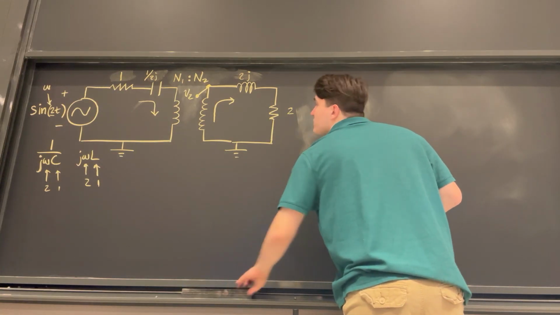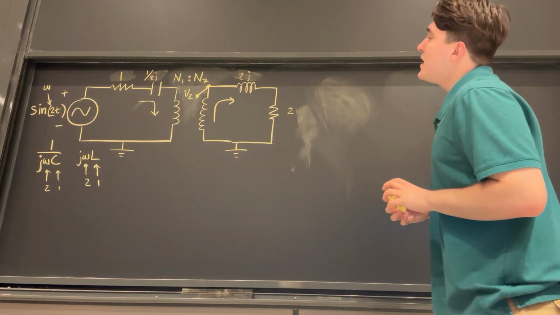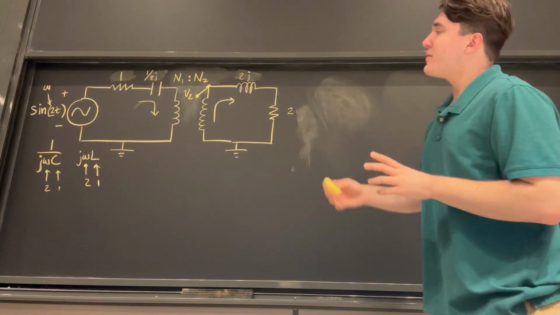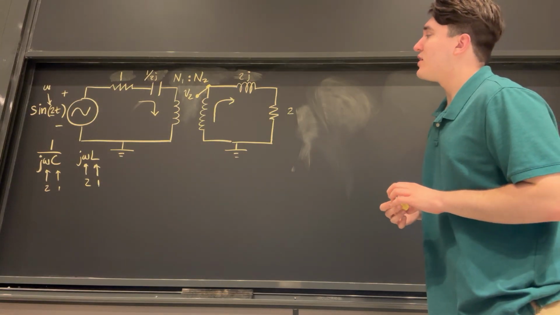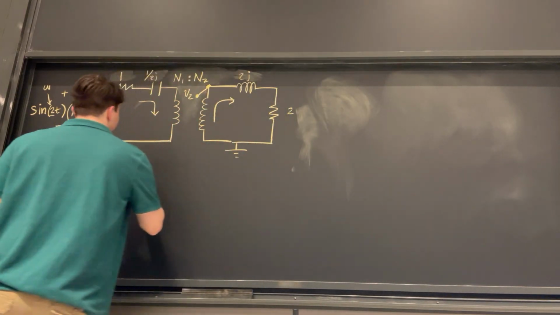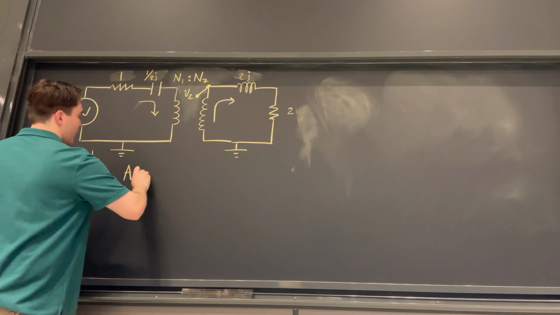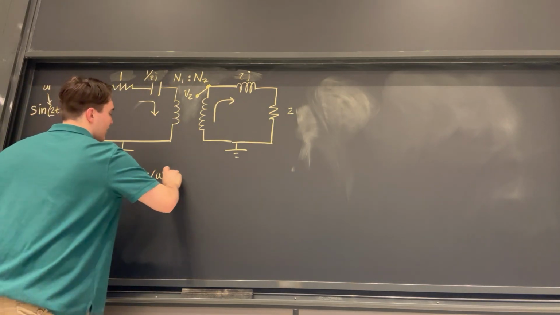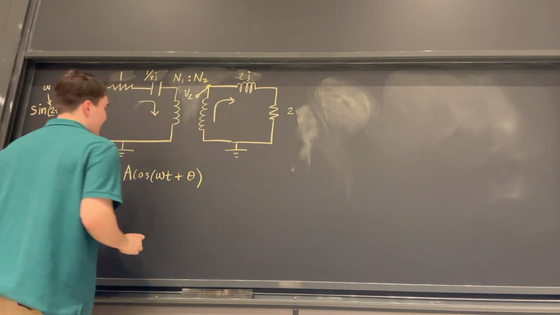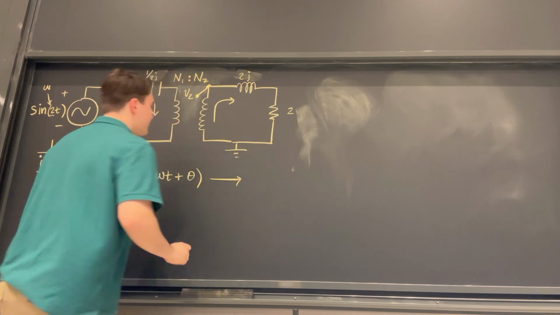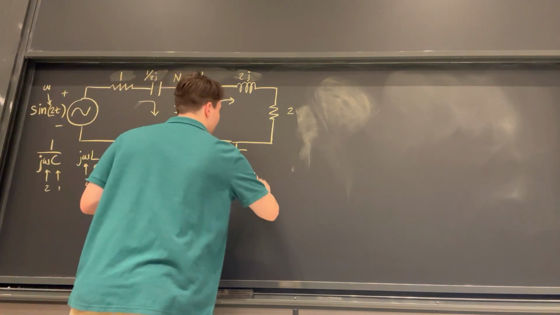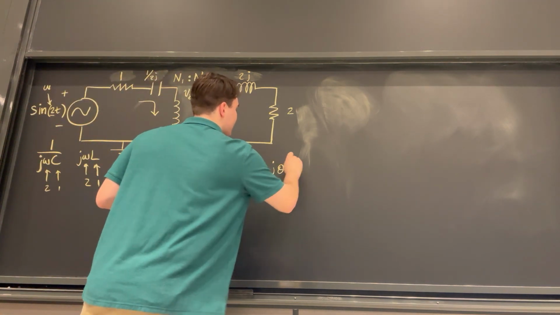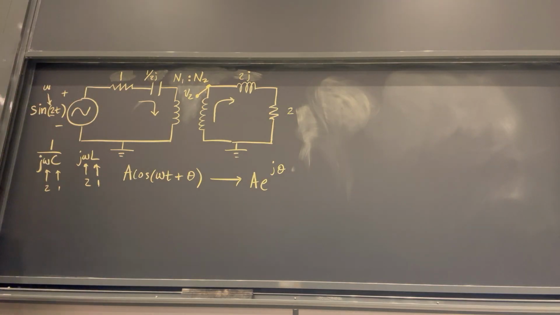And then the last thing we also need to take care of is that forcing function. So we know that if we have a cosine of omega t plus theta in the time domain, this will become e to the j theta in the phasor domain. So how can we convert sine to cosine?